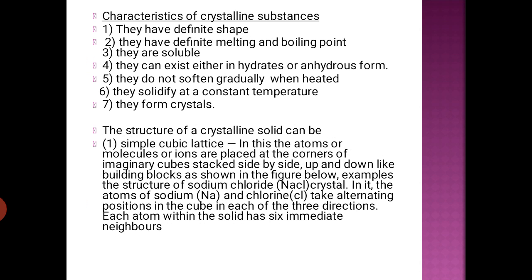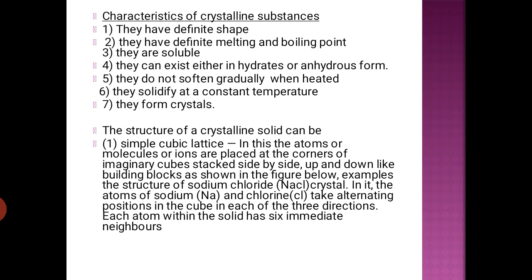Now, these are just their characteristics. Okay. Now we move forward. The structure of a crystalline solid can be arranged in 3 different ways. Number 1, simple cubic lattice.